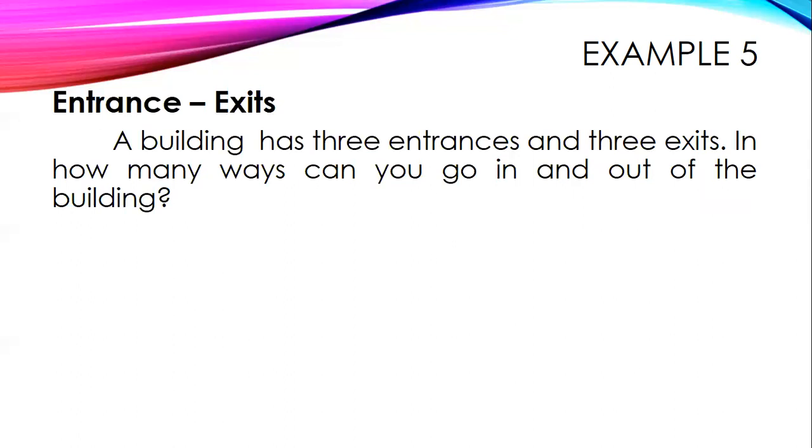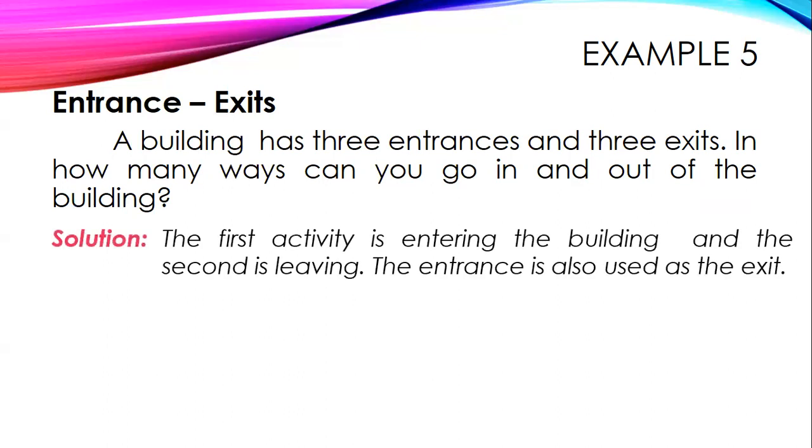Next, entrance exits. A building has 3 entrances and 3 exits. In how many ways can you go in and out of the building? So, ilang beses daw tayo pwedeng lumabas at pumasok kapag mayroong tatlong entrance at tatlong exit.